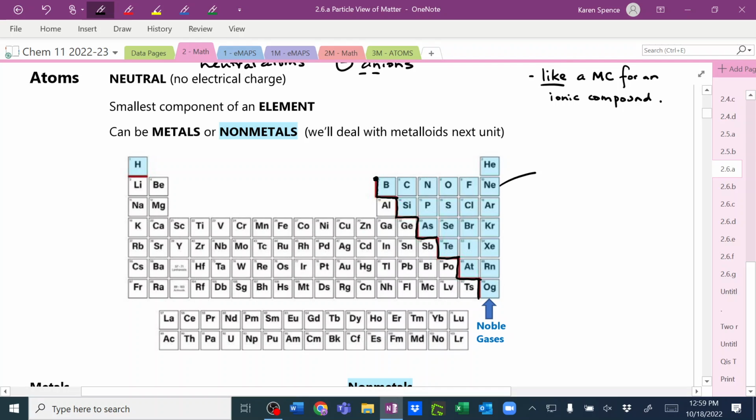Everything over on this side is nonmetals. And everything over on the other side is metals. Except we have one funny one. Hydrogen. Hydrogen is a nonmetal.